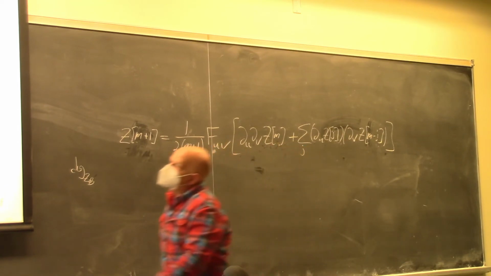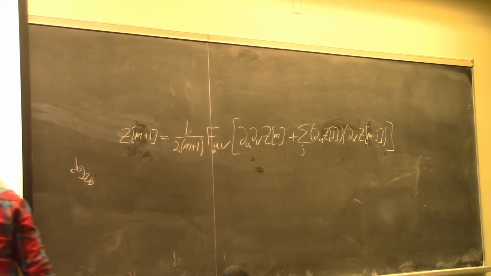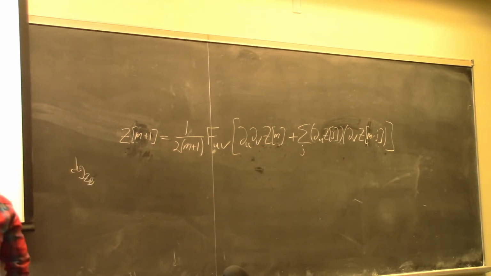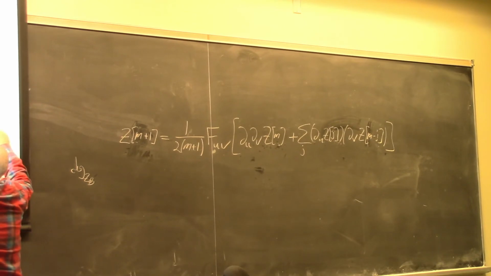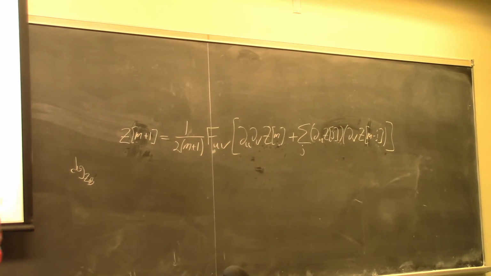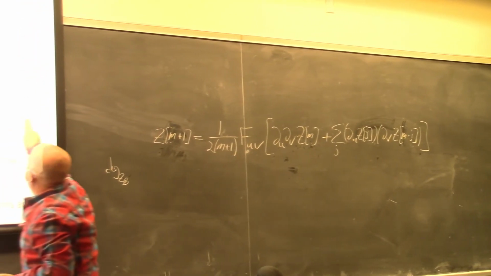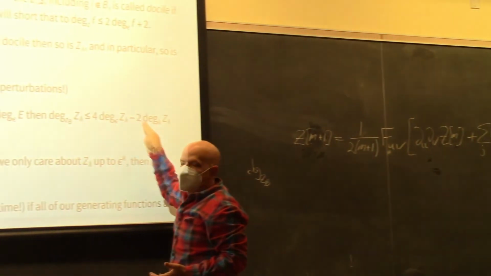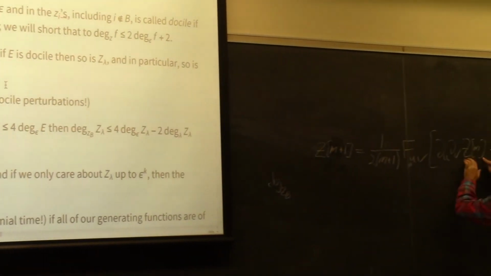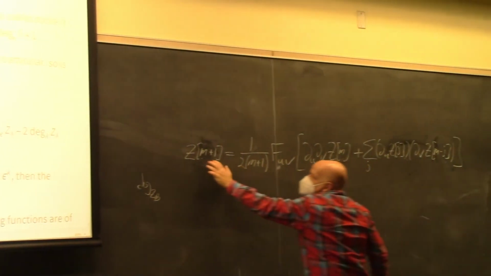When m is equal to 0, c of 0 is just e, and this is already given. I mean, the thing written here is the thing written here for m equals 0, namely for the part that's independent of lambda, so this term disappears. Okay? So I'm assuming the statement is true for Zm, and I'm proving it for Zm plus 1.